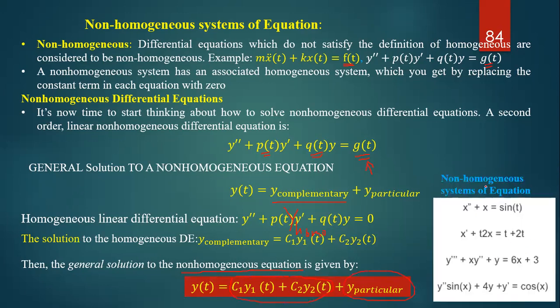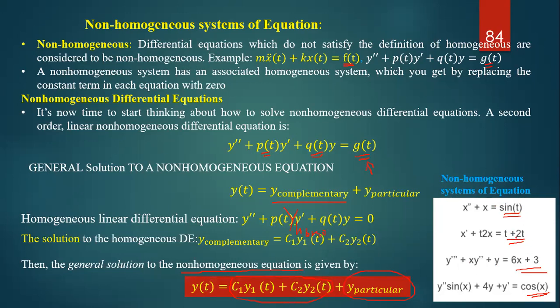So these are some of the non-homogeneous equations. Here, x prime and y, due to the presence of this term, it is non-homogeneous. Here also, the non-homogeneity is because of this term. For the sine t, the particular solution will be related to sine t.